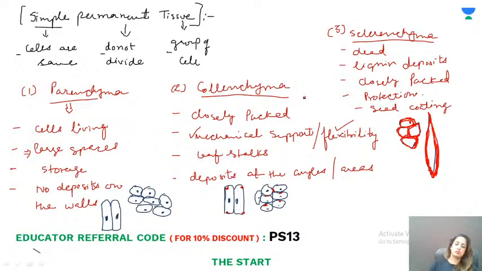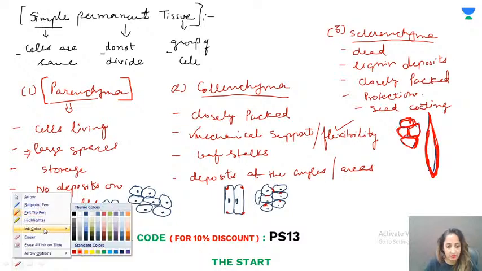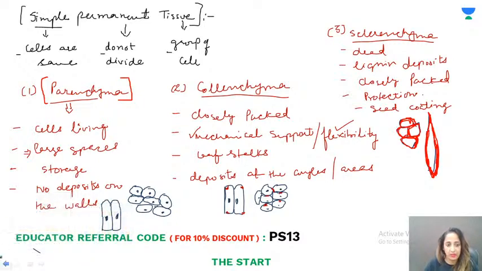Right? So this is the difference between parenchyma, collenchyma, and sclerenchyma. And guys, if we are talking about parenchyma, if they have a green colored substance, chlorophyll for example, we call them chlorenchyma. These are the variations.